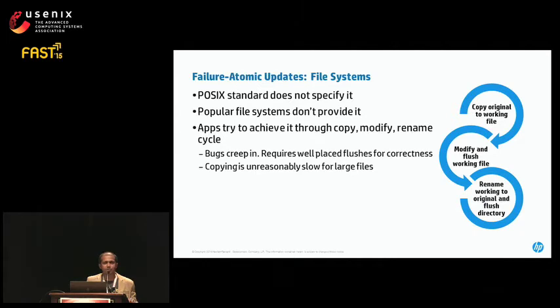These steps are punctuated by well-placed fsyncs, and if these fsyncs are not placed at the right places, bugs can creep in. And naively copying files, especially when the files are large, can be slow.